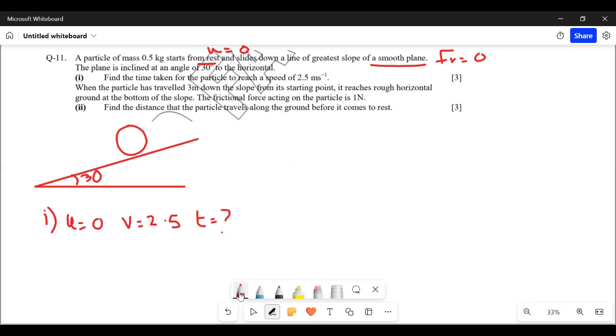Either we should know A or we should know S. We need at least 3 values to find the other value. We cannot find S from the information given, but we can find A using Newton's law, forward force minus backward force equals ma.